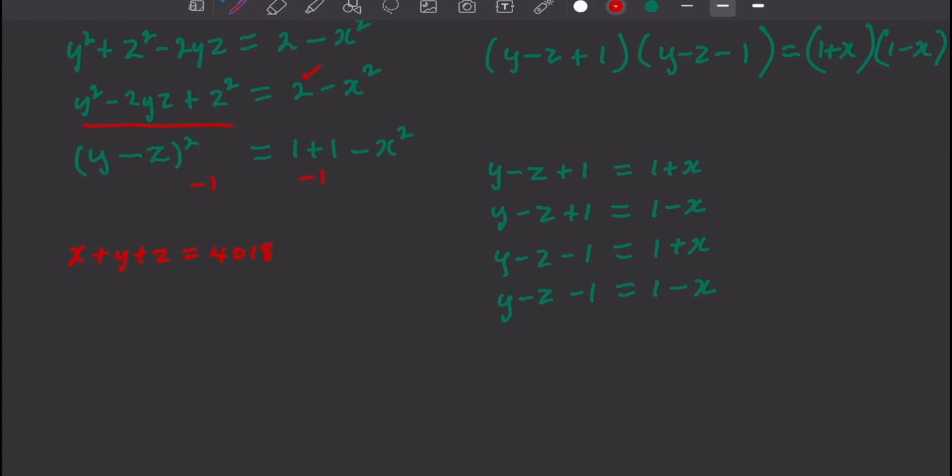We know that y is equal to x plus z, because these two will cancel out, and then we're going to add z to both sides, so we'll have y equals x plus z.